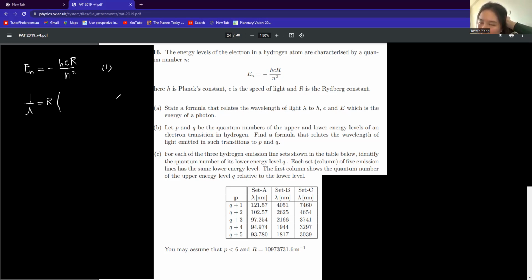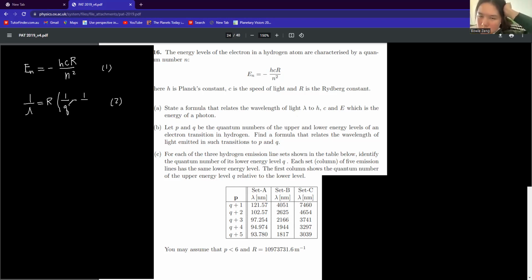The second formula we need to derive is the second one. So this formula can be written as the final one. p and q are quantum numbers of the upper and lower levels. So p is upper, q is lower. Q takes the upper position because this is a fraction.